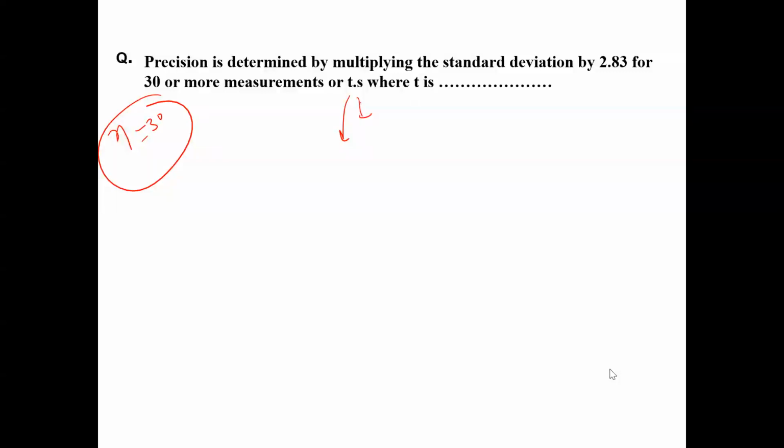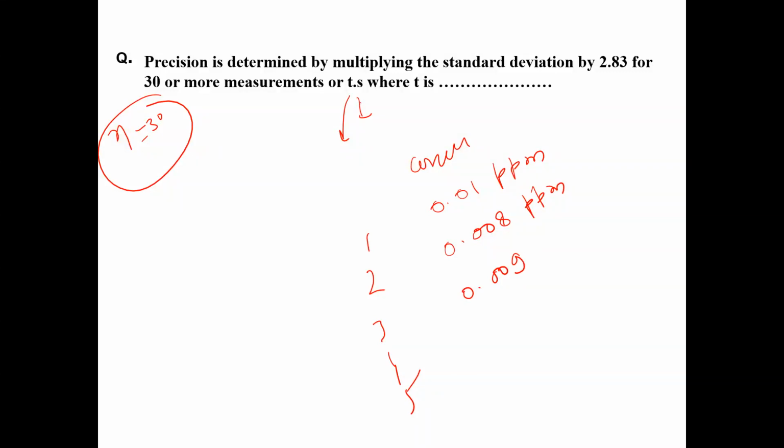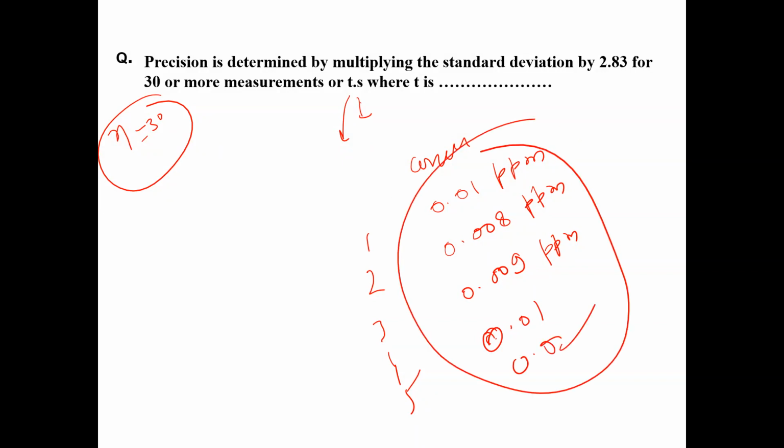Let's say you are doing five observations and measuring concentration. In the first you get 0.01 ppm, in the second 0.008 ppm, the third 0.9 ppm, then 0.01, and 0.02. So basically precision is the closeness between these values. That is determined by multiplying the standard deviation, s, and t. So t is basically the student factor.